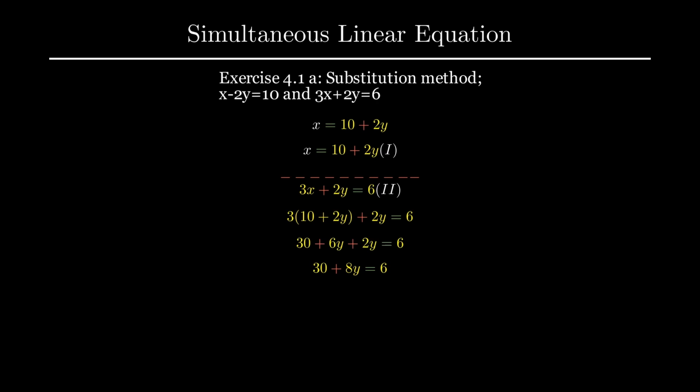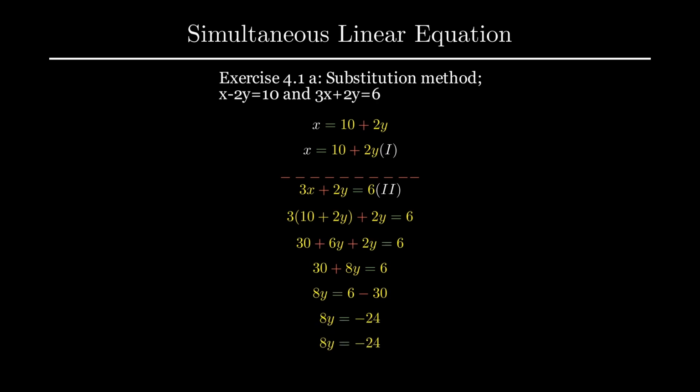From there, we take 30 to the other side, where it becomes negative. Our equation is 8y is equal to 6 minus 30. Subtracting 30 from 6 gives us 8y is equal to negative 24.